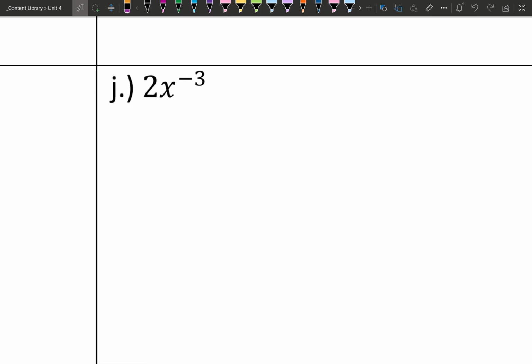Letter J is special. So, yeah, it is 2x to the third, x to the negative third over 1, but there is something here that we don't see. We don't see the invisible little multiplication happening between 2 and x to the negative third.